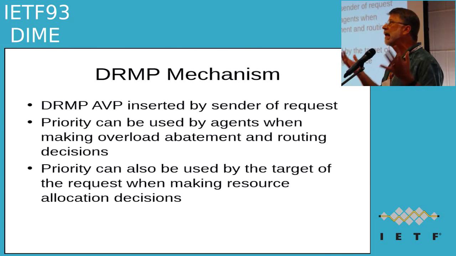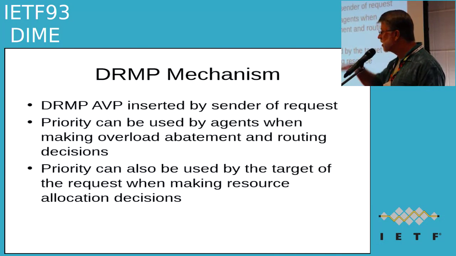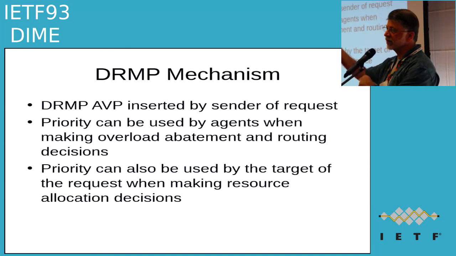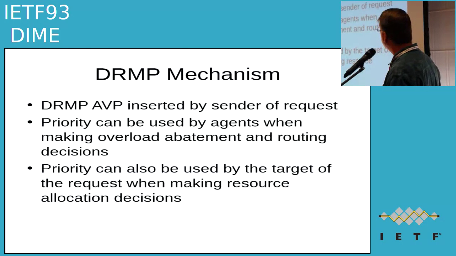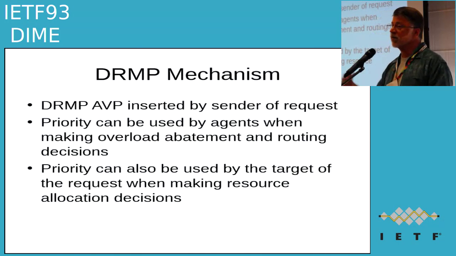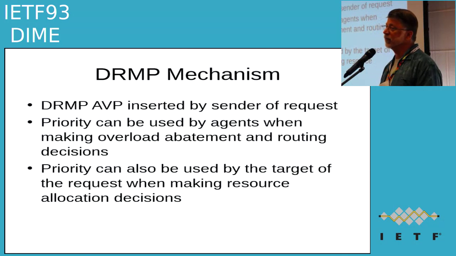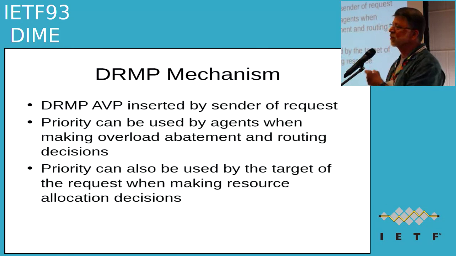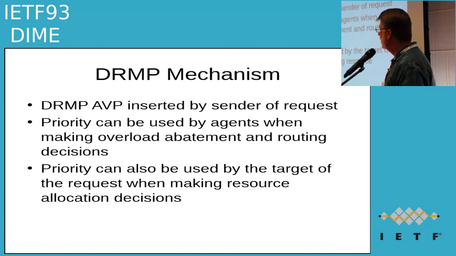Presumably you would have a queue of messages at each priority and decide on routing or throttling of those requests based on the queue the request sits in. It could also be used by the target of the request, a server or a client, for making resource decisions. An HSS might take a higher priority request and process it before a lower priority request. Next slide.